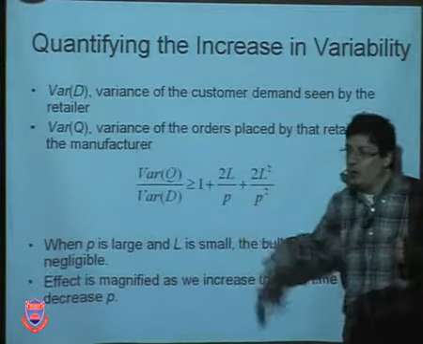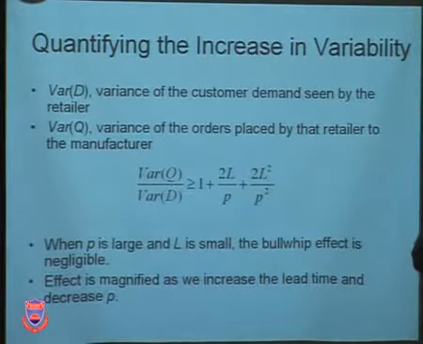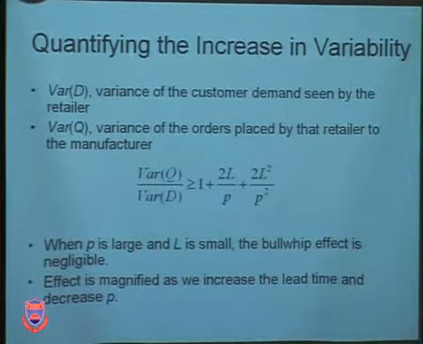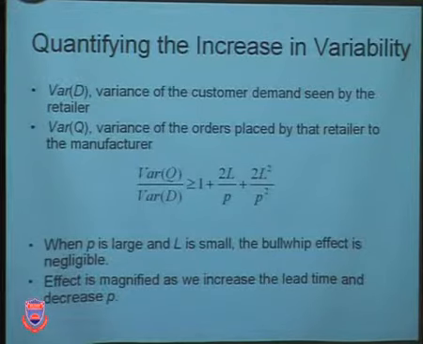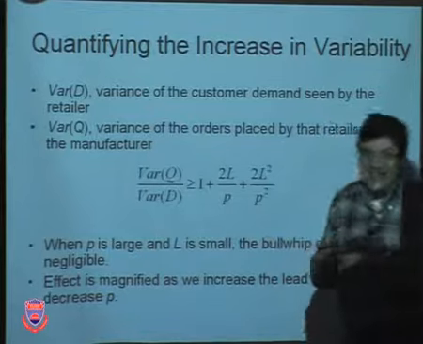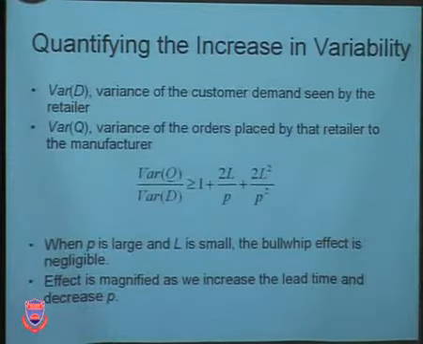If you have a small P, it is going to increase the bullwhip effect. What is the meaning of a small P? If you have a forecaster which operates with a very small window, then the variability that you are going to see in the demand forecast will be large. So P small means that your forecasting technique is not that good.